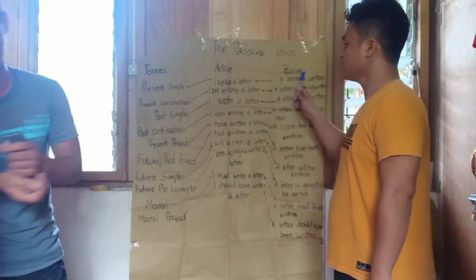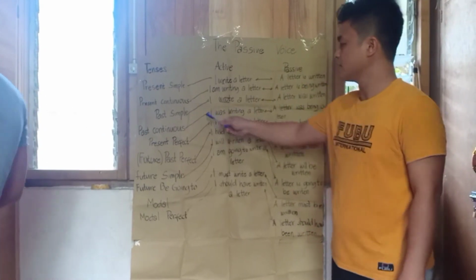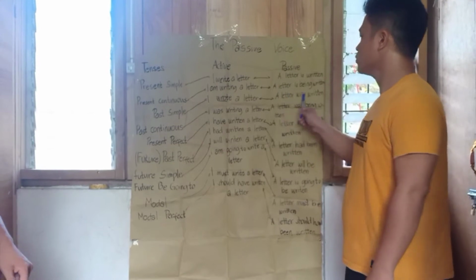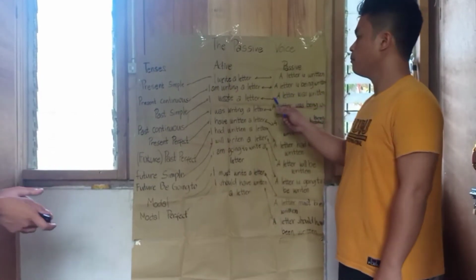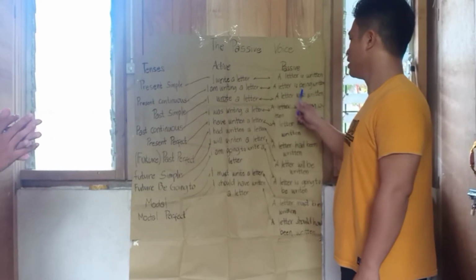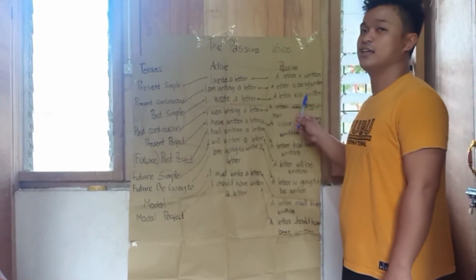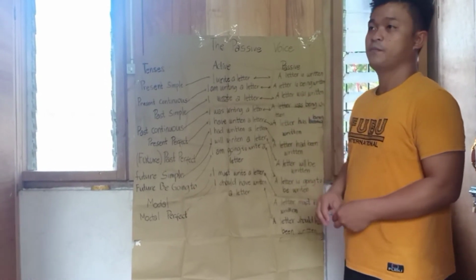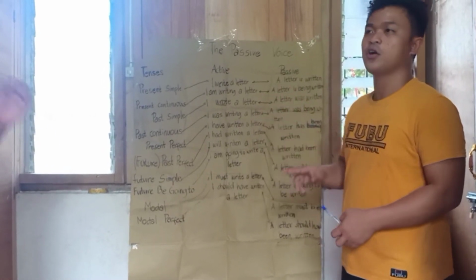In the passive voice of the past simple, "I wrote a letter" becomes "a letter was written." We all know that the passive voice tells us what is done to someone or something.